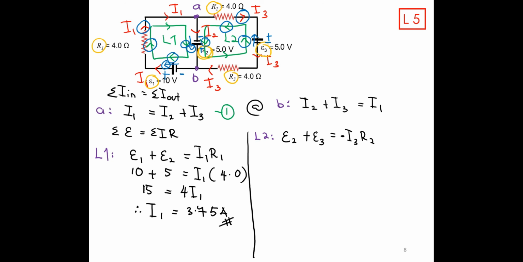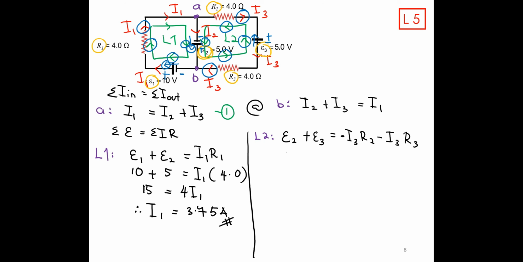Then for R3, the current direction is also opposite to the loop, so negative I3 R3. Then you can substitute all the values.